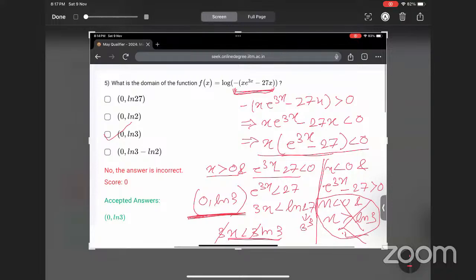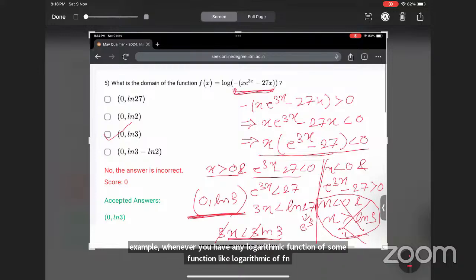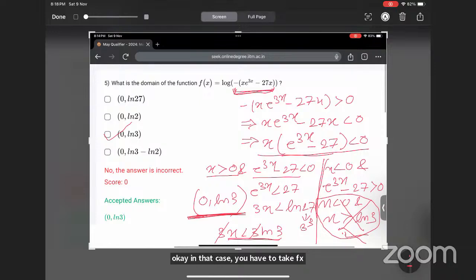So this is something general. Whenever it can be in the exam or any example, if you have any logarithmic function of some function, like log of f(x), in that case you have to take f(x) greater than 0, then just solve the inequality.